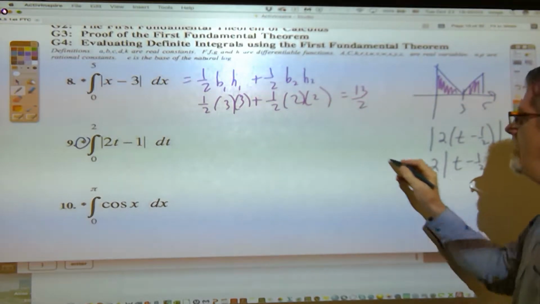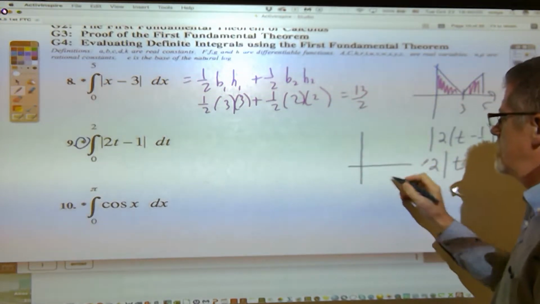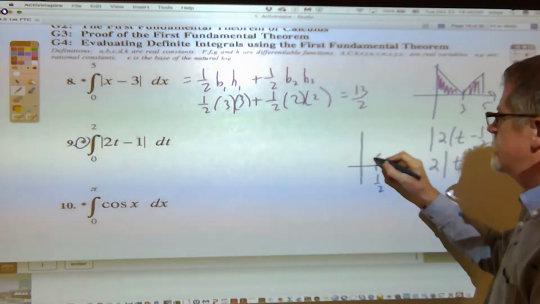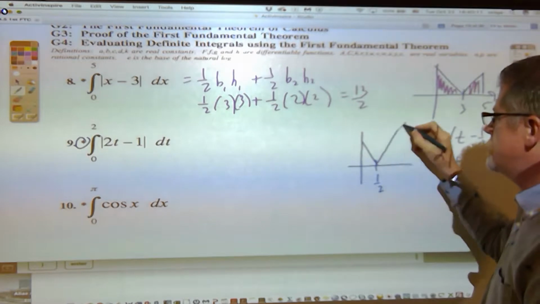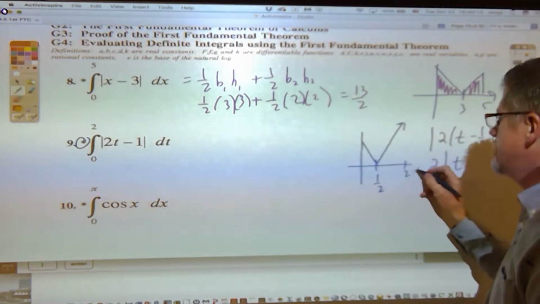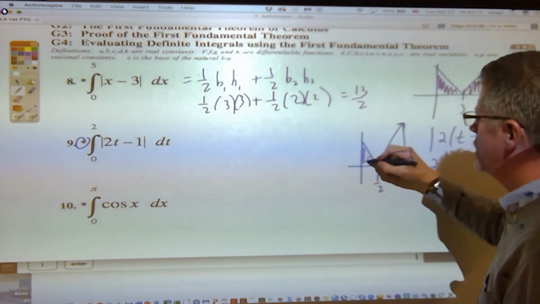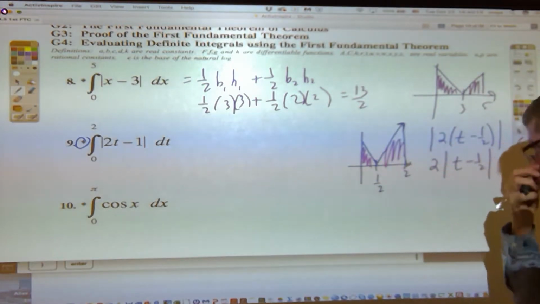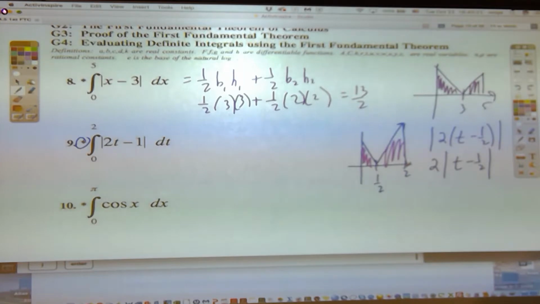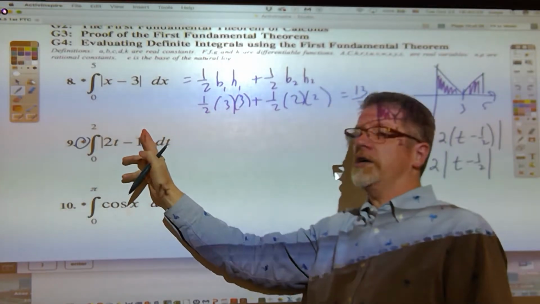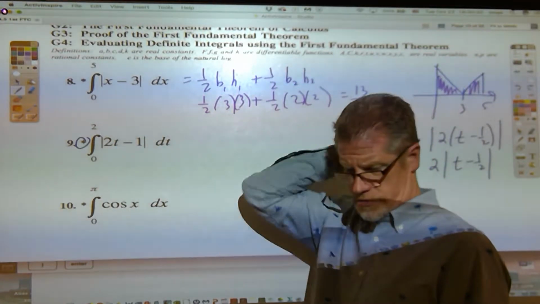So a little bit of a sketch on this means that at 1/2 there's a vertex, and we do have slopes of 2 and -2, but we're going from 0 to 2. So we are trying to find the area represented by the area of this triangle plus the area of that triangle. The idea here is that for t values greater than 1/2, the value of this blob is going to be positive.